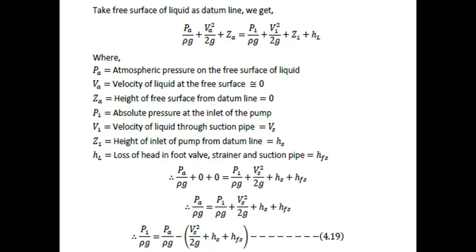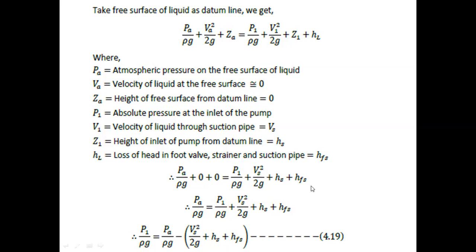Here PA is the atmospheric pressure at the free surface of the liquid, VA is the velocity of liquid at the free surface, and ZA is the height of the free surface from the datum line. P1 is the absolute pressure at inlet of the pump, V1 is the velocity of liquid through the suction pipe, Vs, Z1 is the height of the pump inlet from the datum line, Hs, and HL is the loss of head in the foot valve, strainer and suction pipe, HFS.